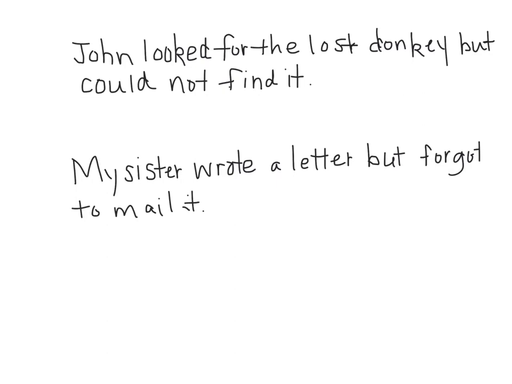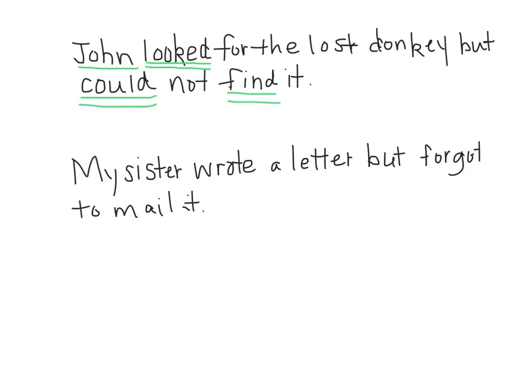So if I look at the first sentence, John looked for the lost donkey but could not find it. I have the verb looked. I know who or what looked is John. He didn't just look. He could not find it. Could not find the donkey.